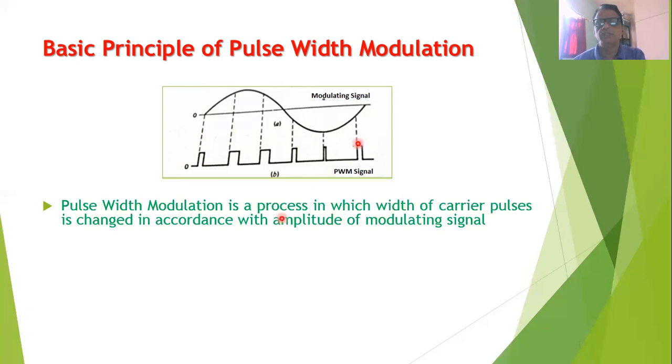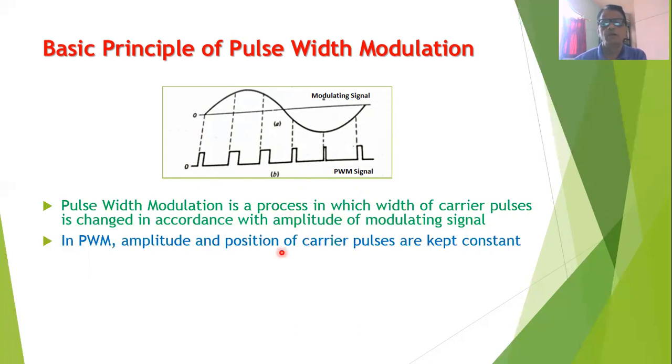Pulse width modulation is a process in which the width of the carrier pulses is changed in accordance with the amplitude of the modulating signal. Observe that when there is a variation in the width, it means that the amplitude and position of the carrier pulses are kept constant.